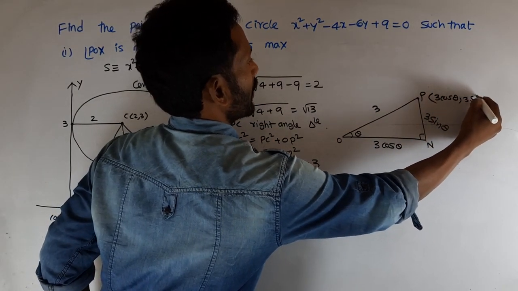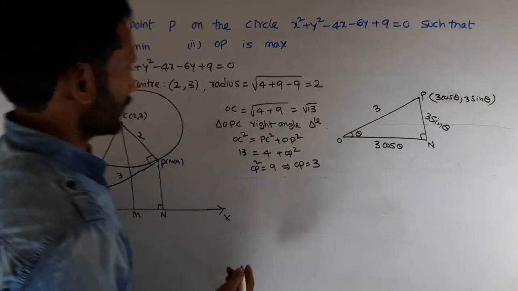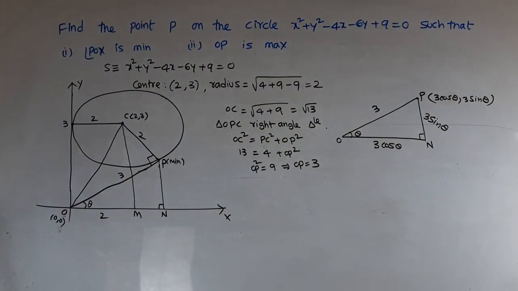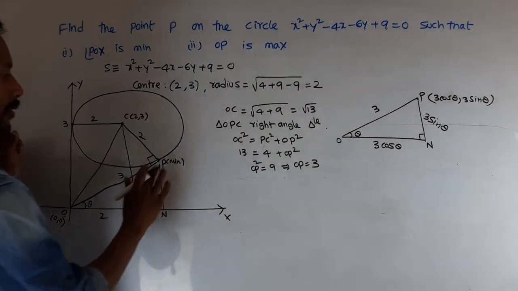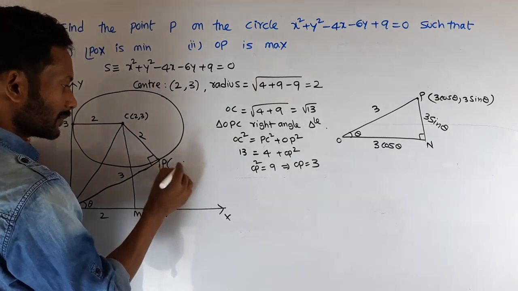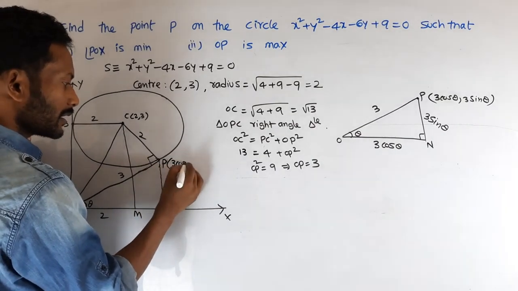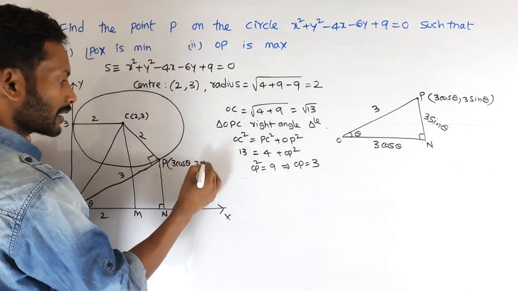So what is the point P? The point P is (3 cos theta, 3 sin theta). I hope you are understanding.